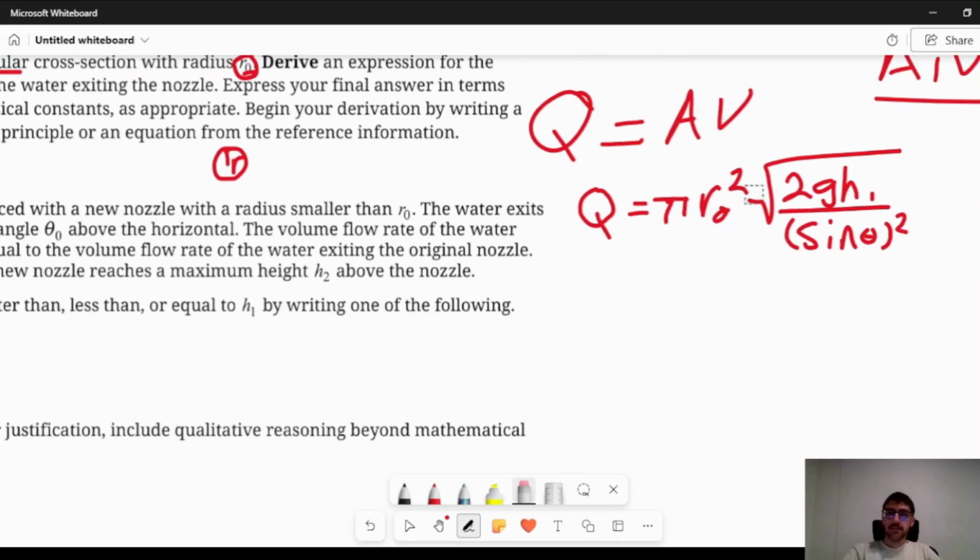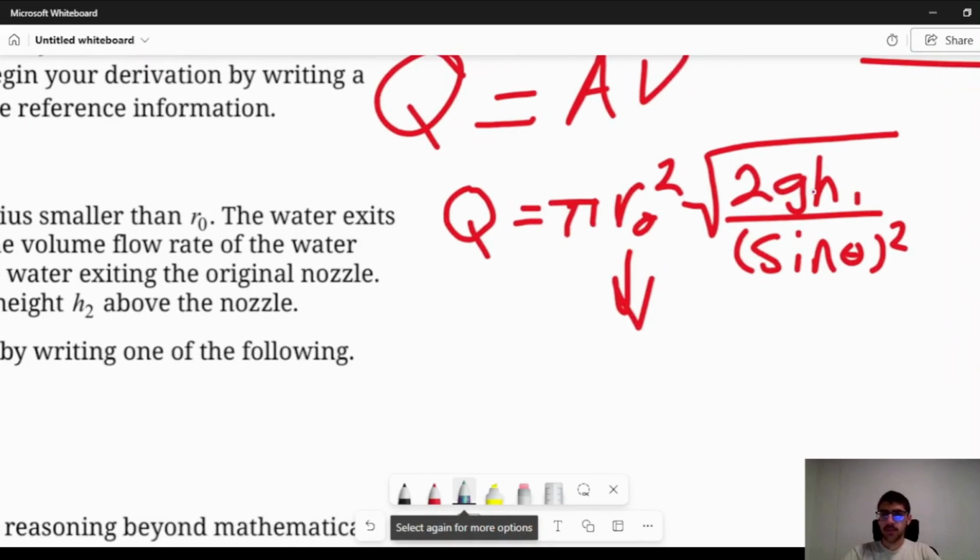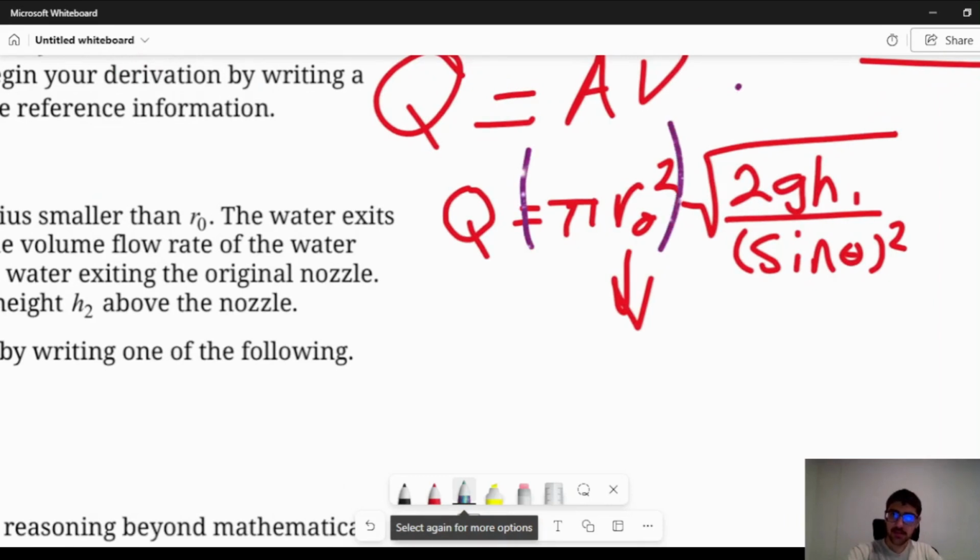Okay, so based on this equation, we know that this is conserved, so this has to stay the same between the original nozzle and this new nozzle, which has a smaller radius. But here, radius goes down. Let's consider these two different terms: a left term and a right term.